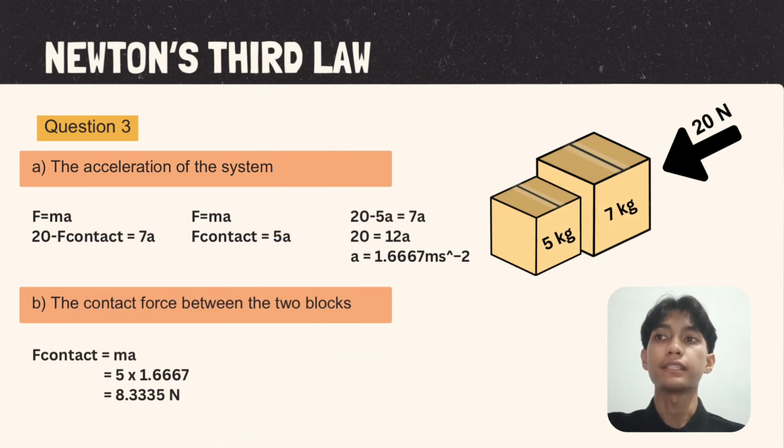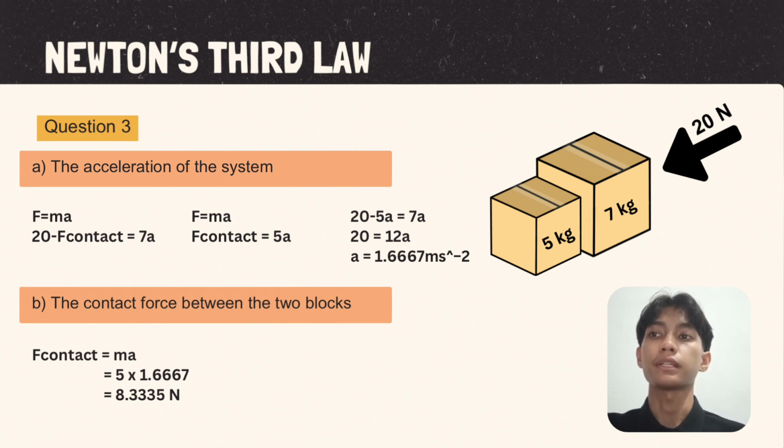For question A, we will use the F equals ma formula, and we will get 20 minus F contact equals 7a for the 7 kg box. Then we use the same formula for the 5 kg box, and we will get F contact equals 5a. So we substitute the second equation into the first equation, and we will get a equals 1.667 meter per second squared.